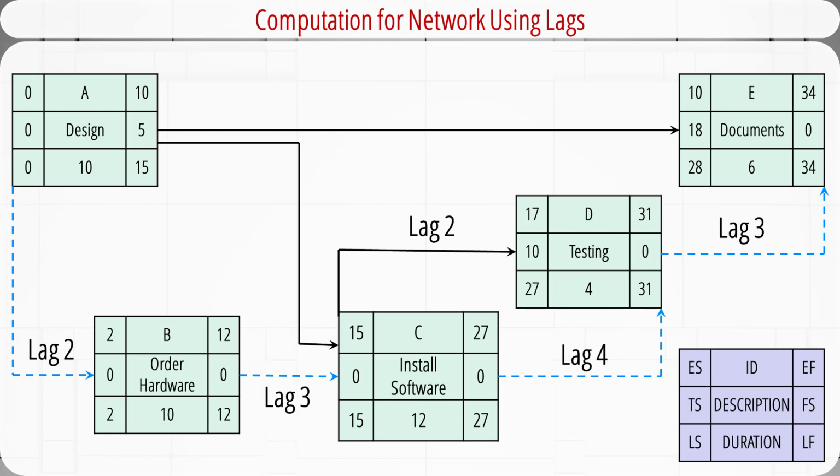This diagram shows a project network with a lot of lags. We can read this network this way. 2 days into the design of the system, which is activity A, it is possible to order the required hardware, which is activity B. It takes 3 days after the order is placed for the hardware to arrive, so it can begin to install software, which is activity C. After 2 days of installing the software system, the testing of the system can begin, which is activity D. System testing, activity D, can be completed 4 days after the software installation is complete.